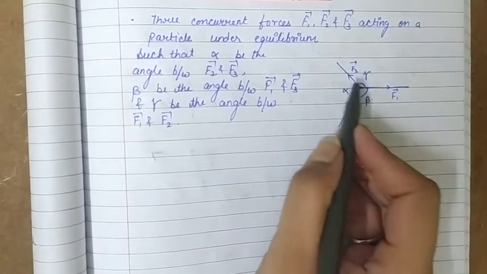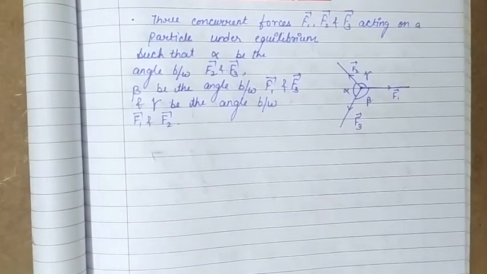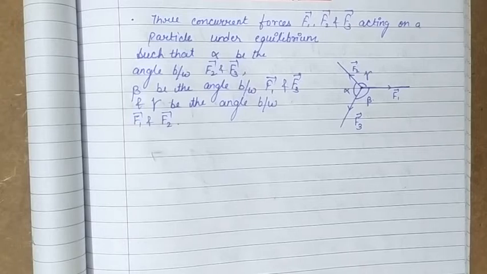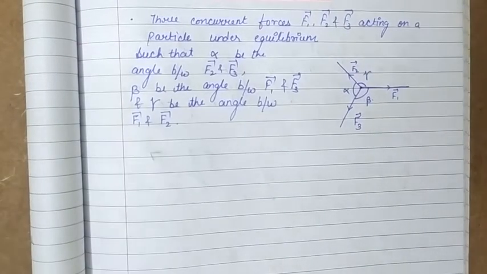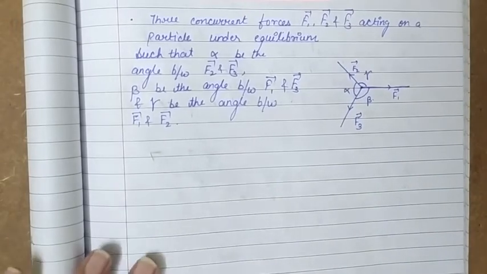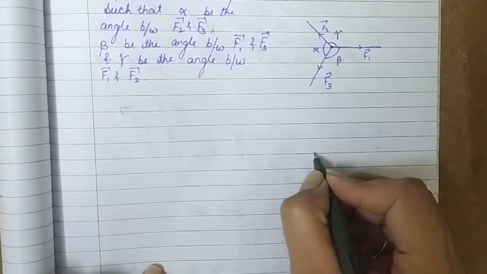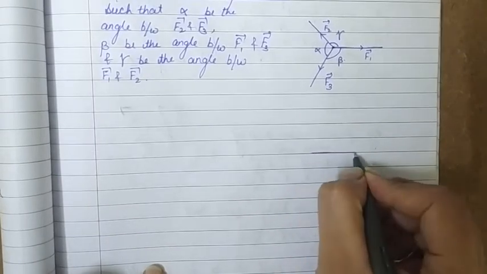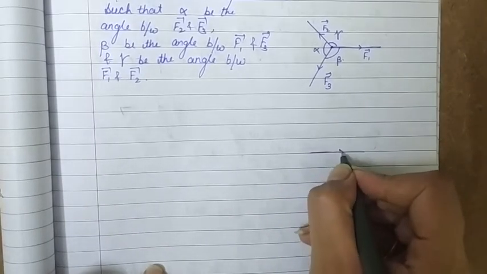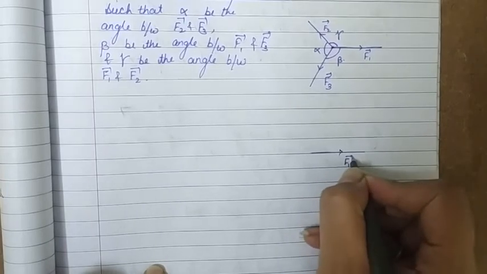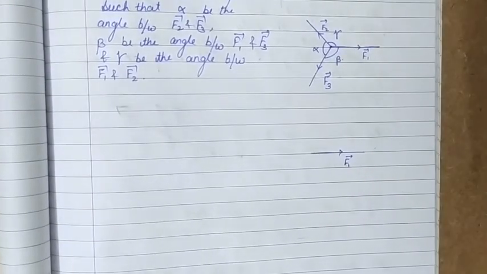Meaning the angle between each pair will remain the same, and these vectors will represent the sides of a triangle in the same order. So let's see how we can do that. So this force F1 vector will remain like this only. F1 vector is at its position only.